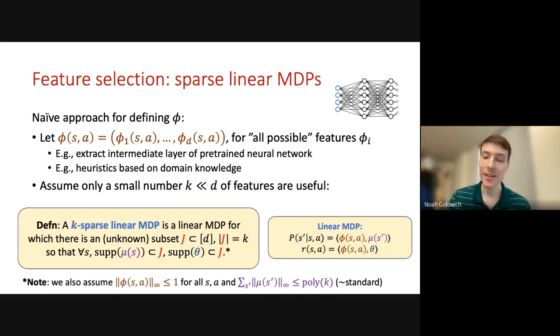Is that right? I guess the one final thing I was going to state is there's some recent work like VOQL by Ujia and others. This algorithm has the optimal sample complexity for learning in linear MDPs computationally efficiently.